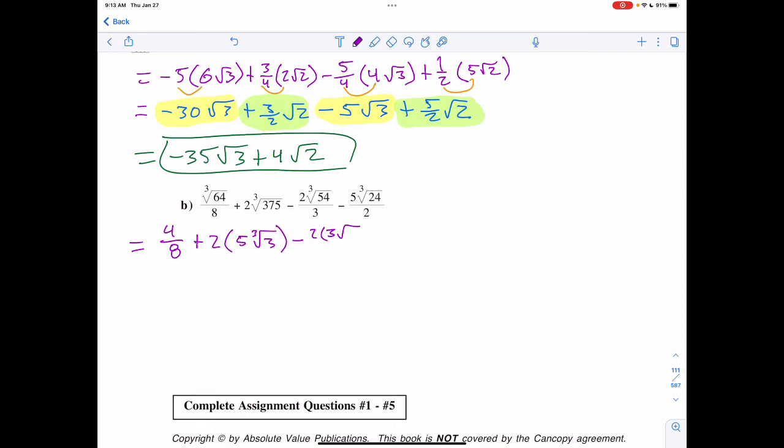And sorry, the cube root of 2, all divided by 3. And finally, 5 and the cube root of 24 is the same as 5 and 2 and the cube root of 3 all over 2.